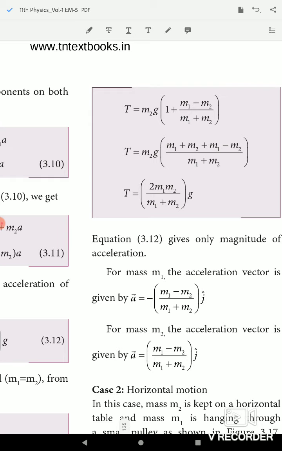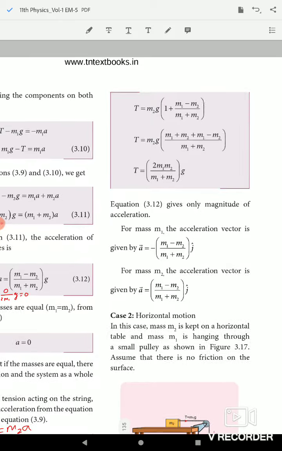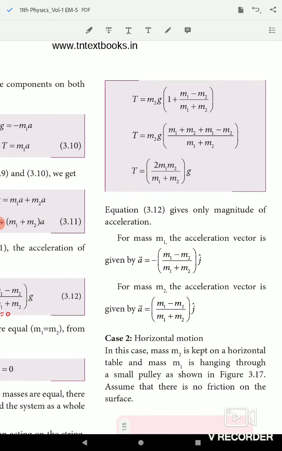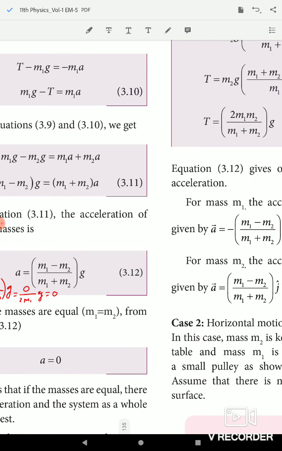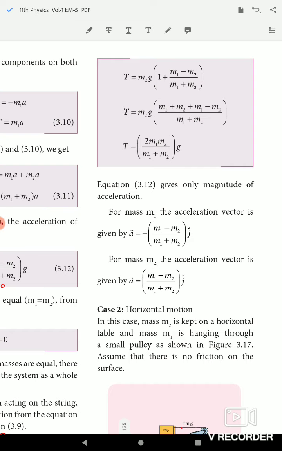T. Okay, this is only magnitude of acceleration. Which one is magnitude of acceleration? a equal to (m1 minus m2) divided by (m1 plus m2) into g is the magnitude of acceleration. For mass m1, the acceleration vector is a vector equal to minus (m1 minus m2) divided by (m1 plus m2) into j cap.